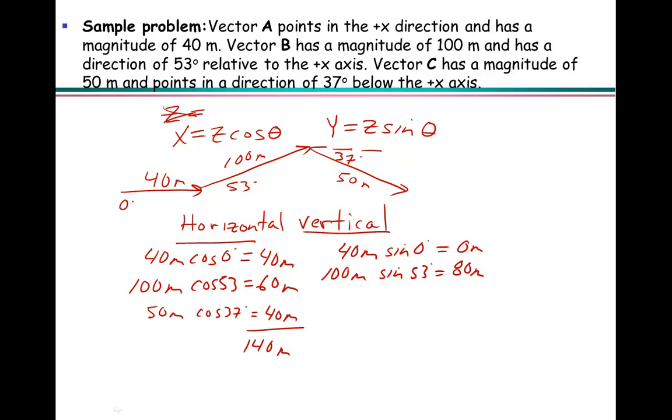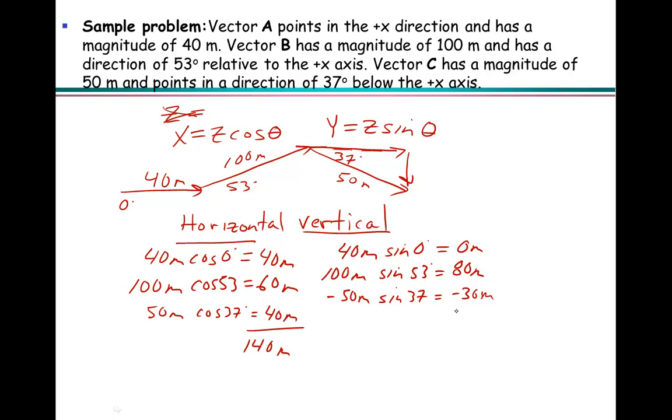If we look at this last vector, the horizontal is in the positive direction, to the right, and the vertical is downward. So this is going to be a negative value. I'm going to put negative 50 meters times the sine of 37 degrees, and that'll give us negative 30 meters.